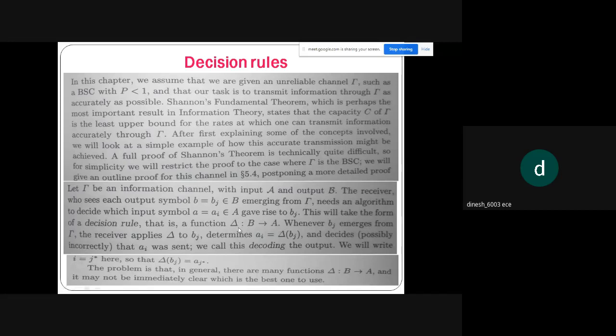The decision rule, a function del, depends upon B always being obtained from A, because B is your output and A is your input. Always we'll get the output only from A. Therefore the Bj emerges from the channel and the receiver applies del to Bj, determines Ai equal to del of Bj, which decides possibly. So then we can write the equation i is equal to j star.